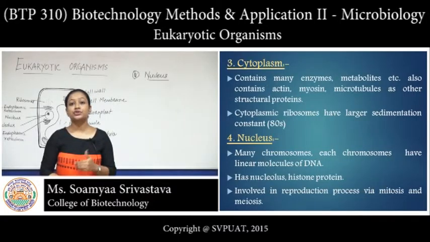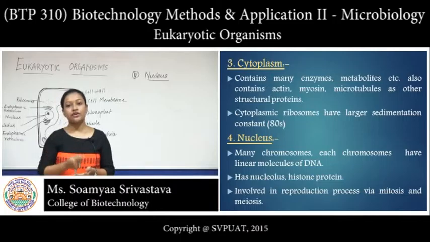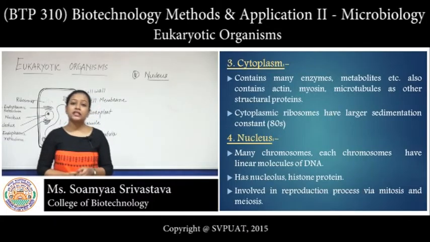It also contains the nucleolus, which is the site of RNA synthesis, and structural proteins known as histones, which are not present in a prokaryotic cell, a very significant difference between eukaryotes and prokaryotes. The nucleus is also involved in reproduction processes, that is mitosis and meiosis.